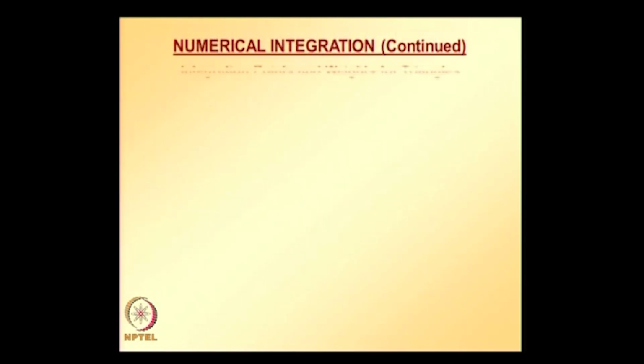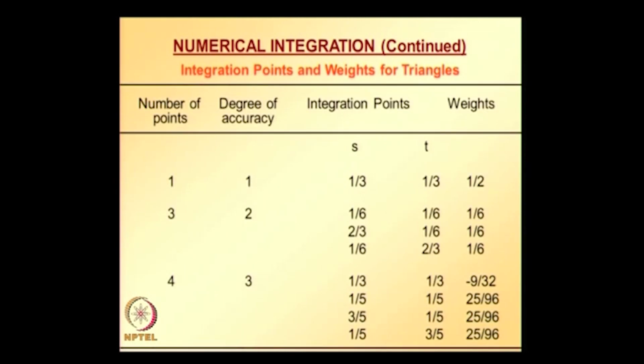Whatever the triangle may be, for integration purposes it is mapped onto a right angle triangle where s goes from 0 to 1 and t goes from 0 to 1. The number of integration points, the degree of accuracy associated with adopting that number of points, and the locations of integration points and corresponding weights are given in this table.